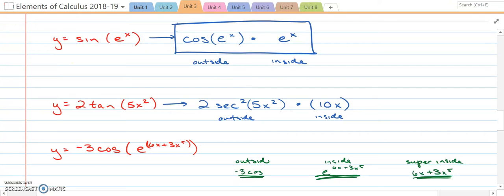The outside becomes the sine, 3 times the sine, and nothing on the inside has changed yet. We have only addressed the outside right now. The inside doesn't change.